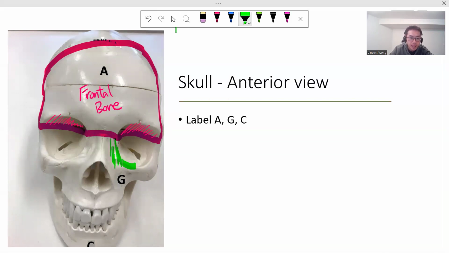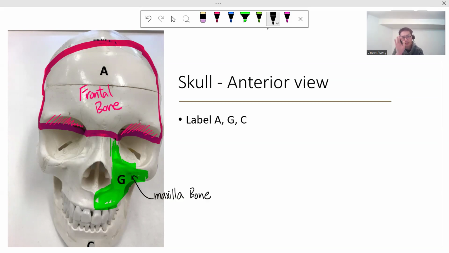Maxilla. That is the maxilla. That's right. Okay, there we go. Maxilla. Forms the medial side of the eye socket and the top socket, right? For your top teeth.